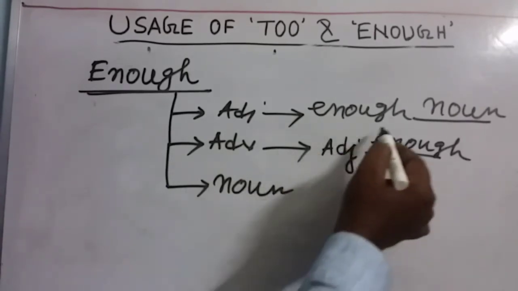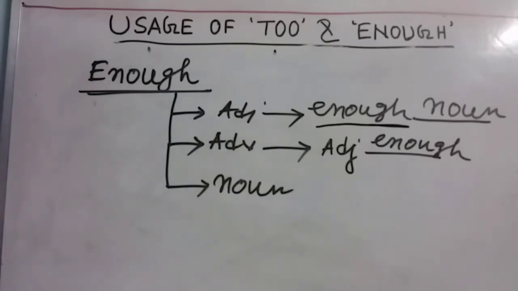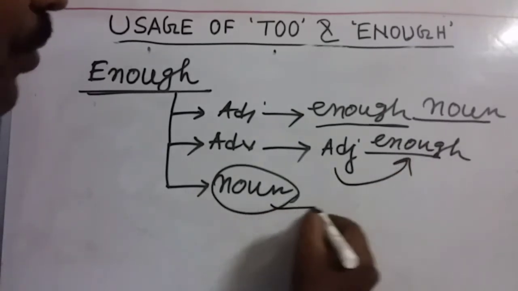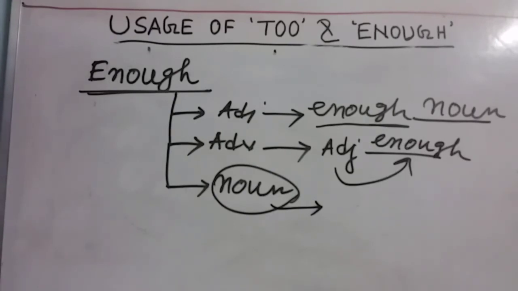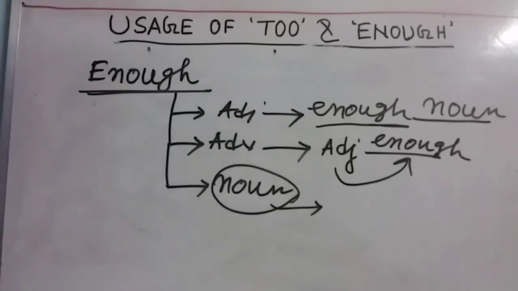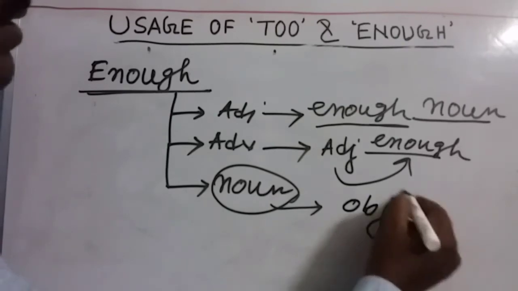So whenever it is used as adjective, we have to write down before the noun, and whenever it is used as adverb, we have to write down after the adjective. Whenever it is used as a noun, so it will be the object or maybe the subject of a sentence, but enough it cannot be a subject. That's why it is used as an object in the sentence.